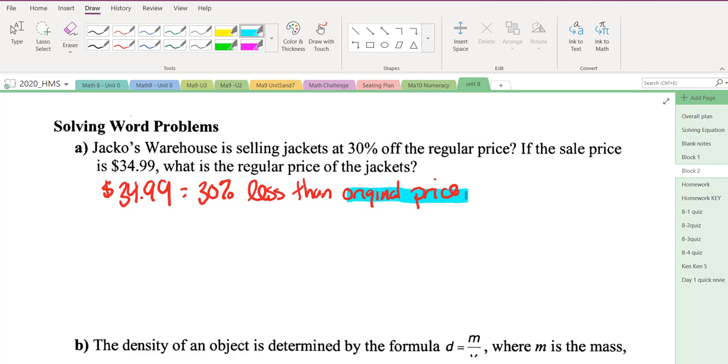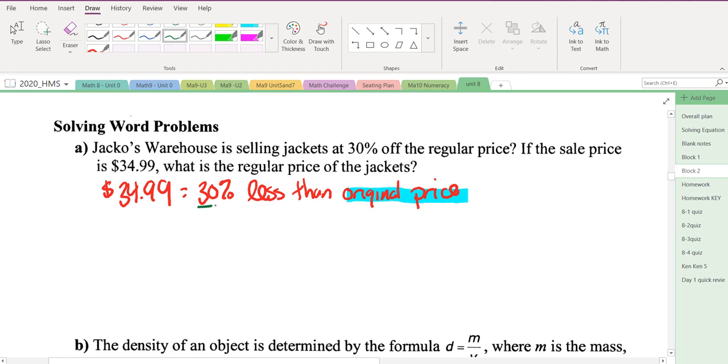Whereas if we thought about this question and just figured out some other numbers to work with, we could do it a lot more efficiently. So the issue that I have with this question is that this 30% is not really connected to the $34.99. Right? So if they say 30% off, it's not $34.99 off. We don't know what 30% off is, what that dollar amount is, right?